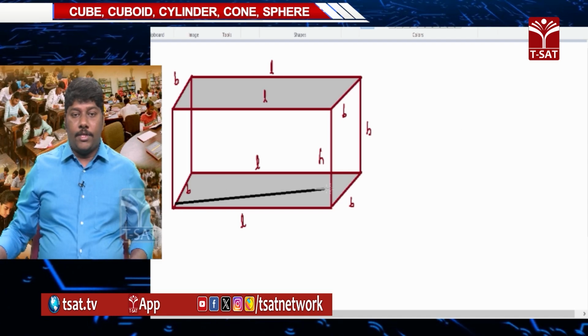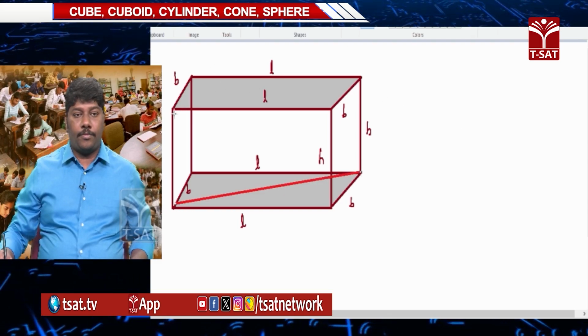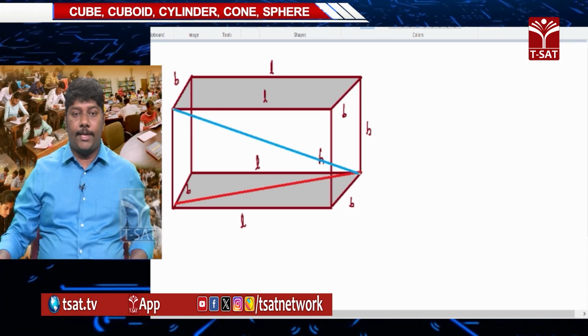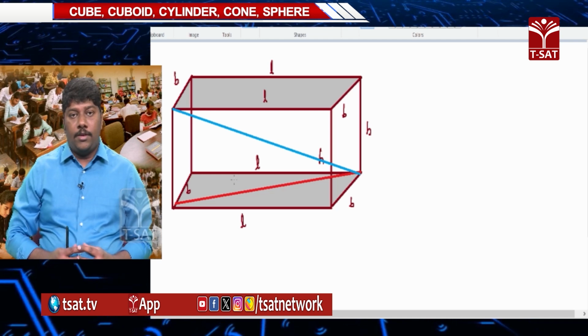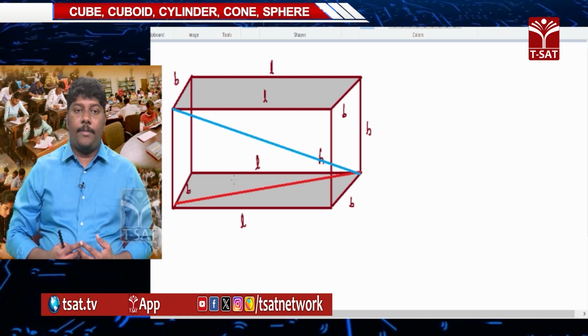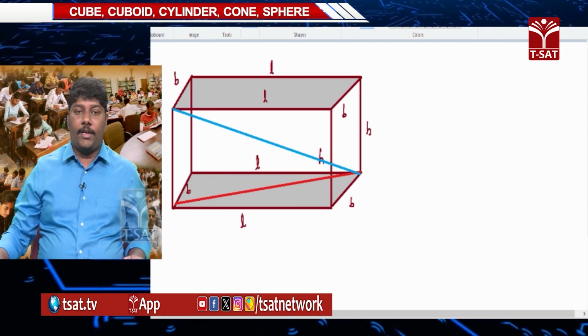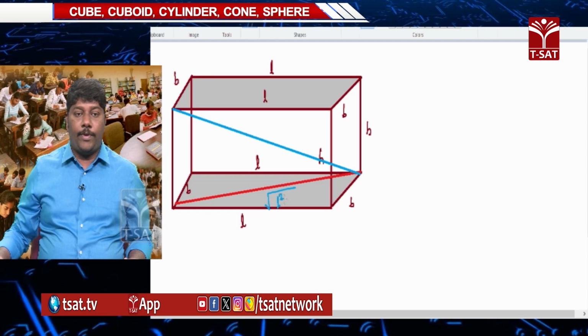Now, look at a cuboid. You have the diagonal of the surface and also the diagonal of the cuboid. The red color one is the diagonal of the surface, the blue color one is the diagonal of the cuboid. Diagonal of the surface depends on which rectangle you are taking. Here I am taking the rectangle which is on the ground or the base, that is L and B are the sides, therefore, the length of the diagonal is equal to under root of L square plus B square.